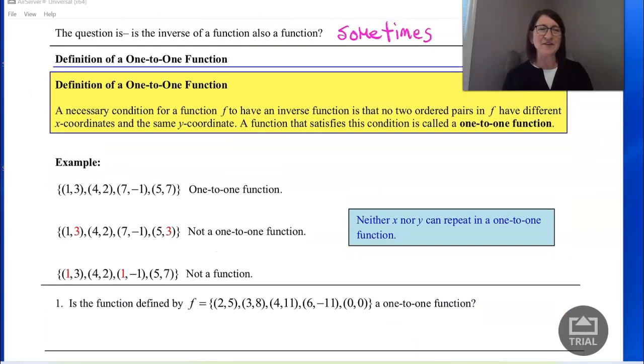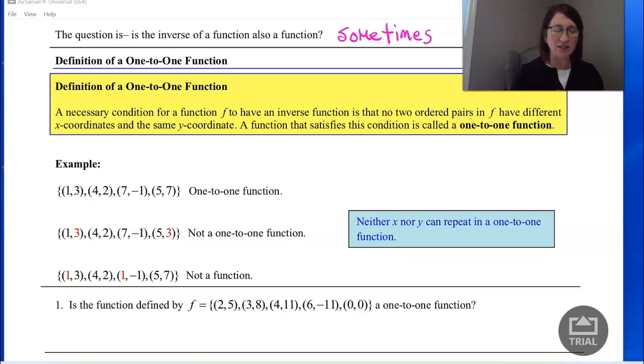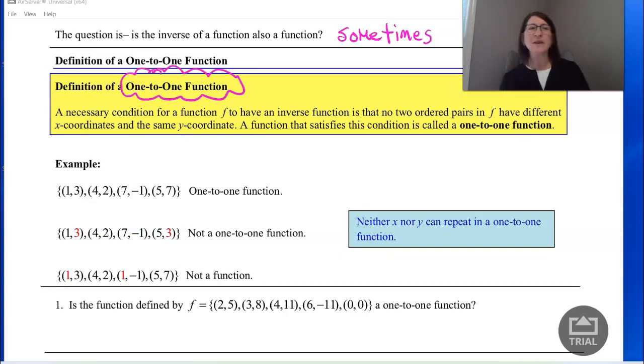So we've got this thing that's called a one-to-one function. Basically, all a one-to-one function is saying is that the original function is a function, and the inverse is also a function, okay? That's a one-to-one function.